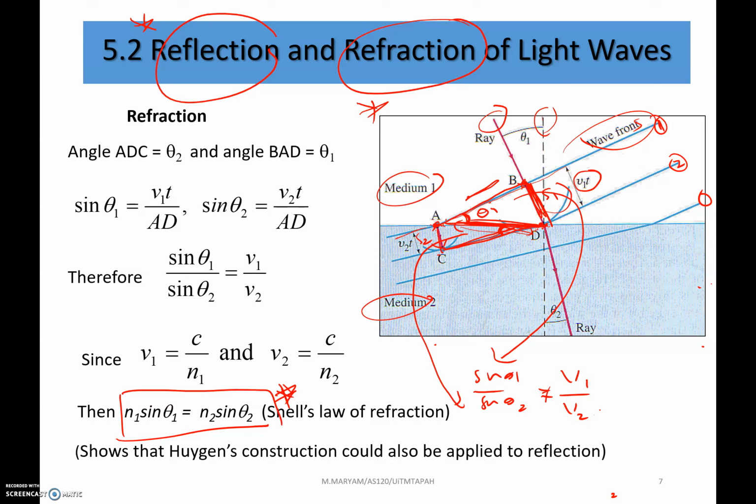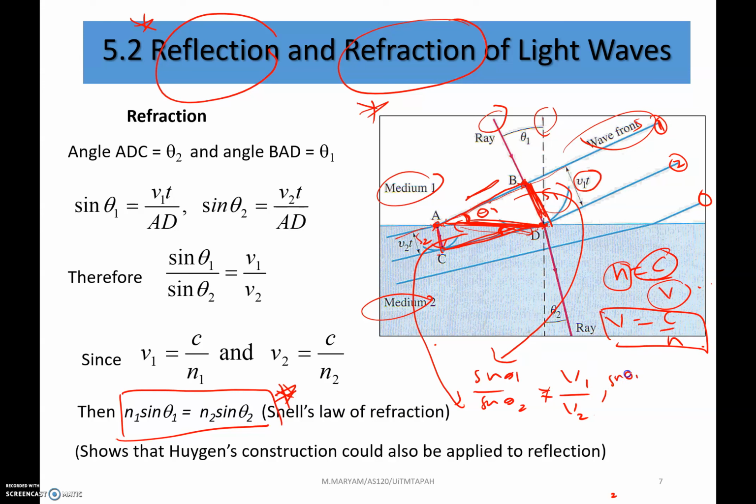Because I want to relate it to Snell's law, I cannot use V. So I'm going to try to use another equation that is related to V. If you can still remember, we have the equation of index of refraction, which is N equals C over V. Because it is the same source of light, it will have the same speed C. So I can get the value of N, so my V will be C over N. So substitute it here.